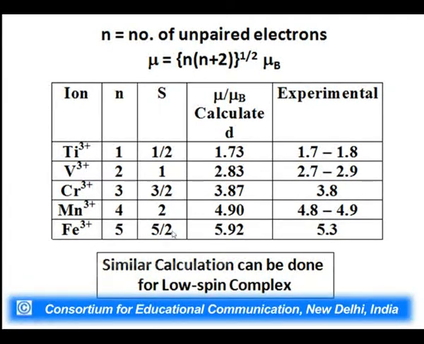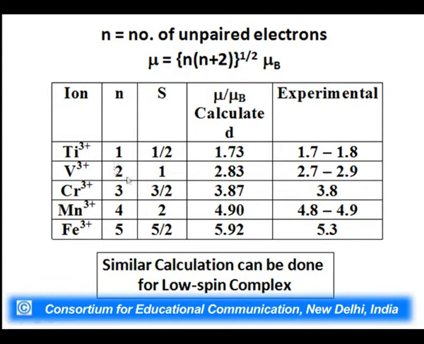The value of S is also listed. I can substitute either the number of unpaired electrons in this formula or the earlier formula based upon the S value, so as to calculate the theoretical magnetic moment values. Theoretical values come out to be 1.73 for 1 unpaired electron, 2.83 for 2 unpaired electrons, 3.87 for 3, 4.90 and 5.92. Now interestingly, the d6 configuration would have 4 unpaired electrons, d7 would have 3 unpaired electrons.